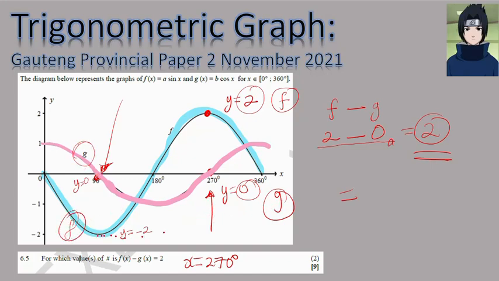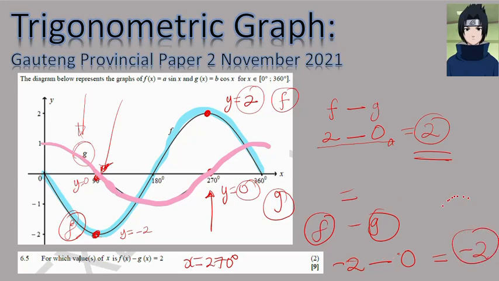So when I'm saying f minus g, what is f in this situation? F is negative 2, minus g in this situation is 0. The answer here gives me negative 2 minus 0. It's negative 2.